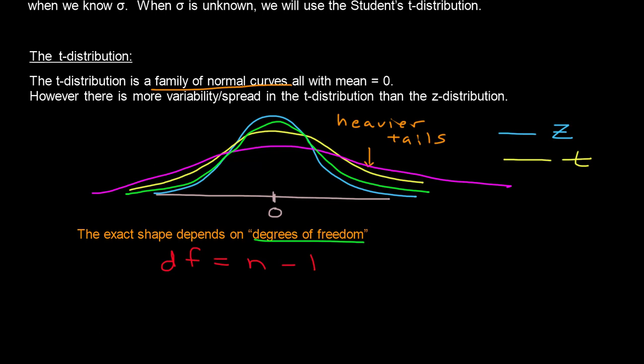And so as the degrees of freedom, which is just sample size minus 1, increases, the t-distribution will look more and more like a standard Z distribution. So they have a lot in common, but we are now going to use a new t-distribution in order for us to have more reliable estimates when creating this thing called a confidence interval.